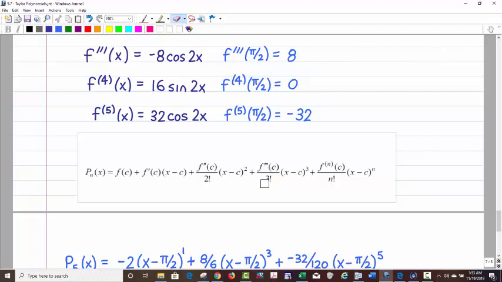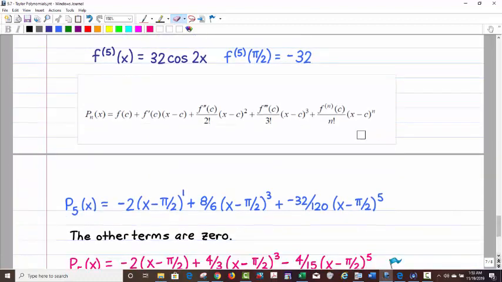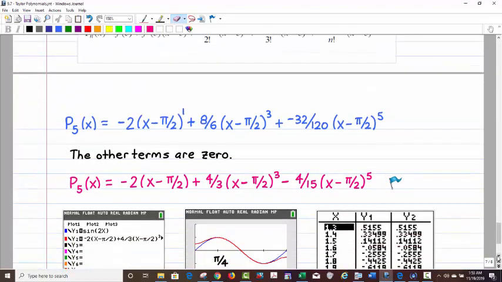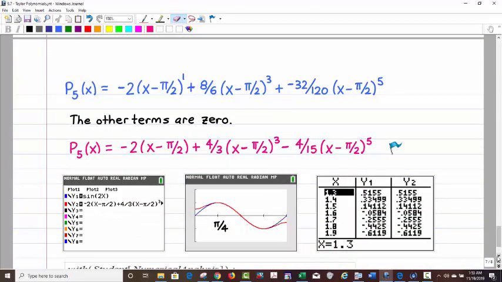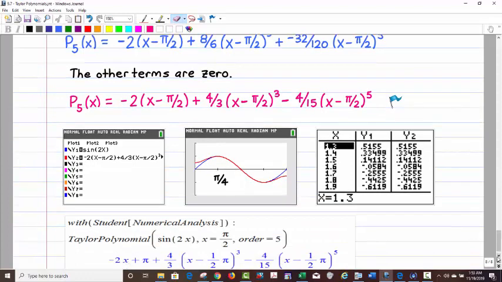It's 8 over 3 factorial, which is 8 over 6, times x minus pi over 2 cubed. And then for the fifth term, the fifth derivative at pi over 2 is negative 32, and the 120 comes from 5 factorial, which will be on the bottom. So 5 factorial, 5 times 4 times 3 times 2 times 1. Of course, this reduces. And then I just did another visual illustration.